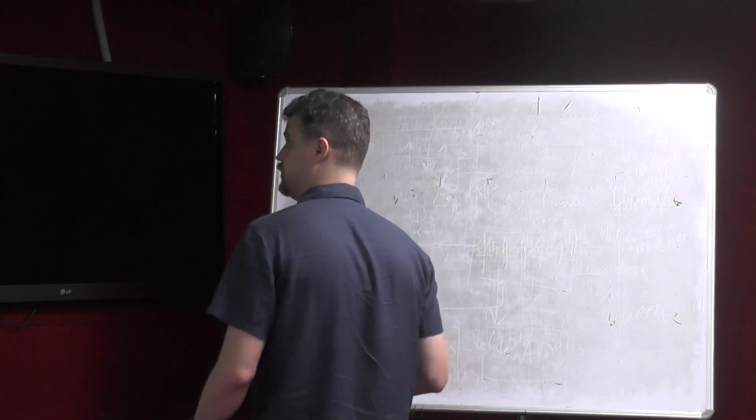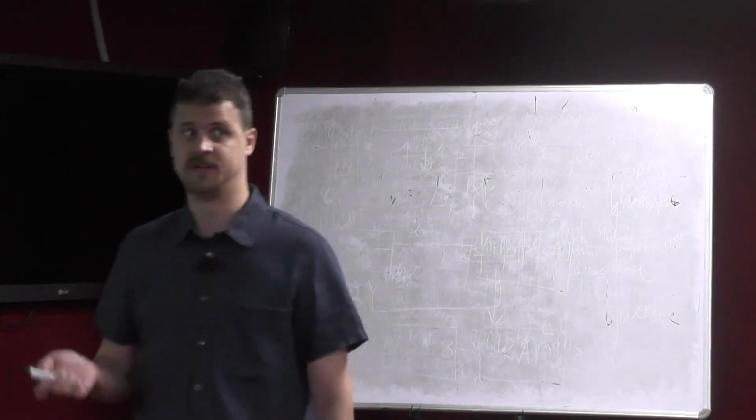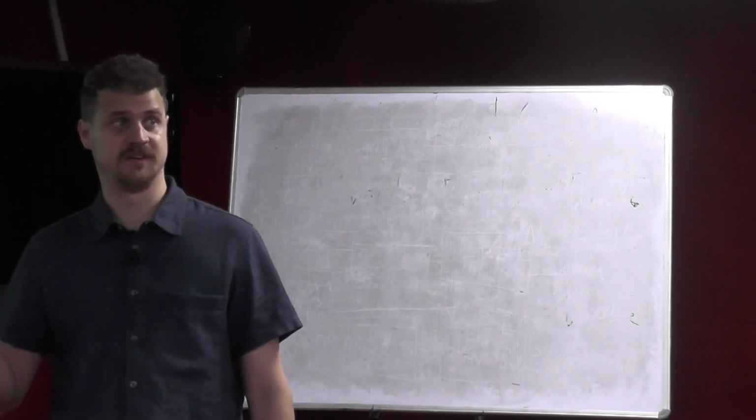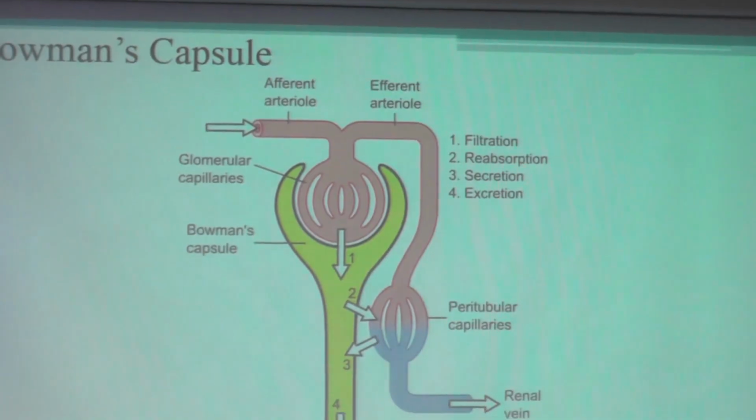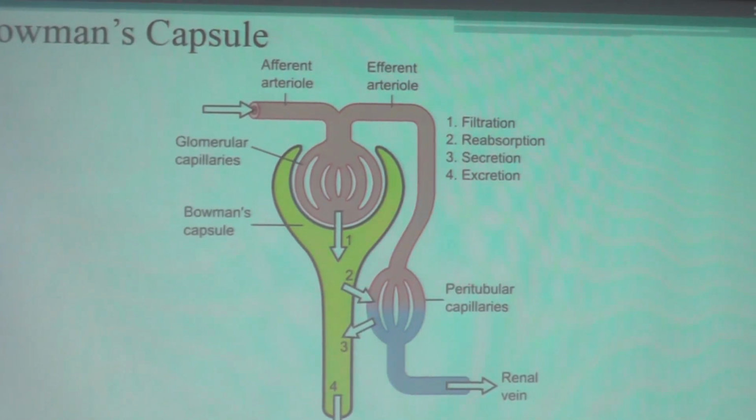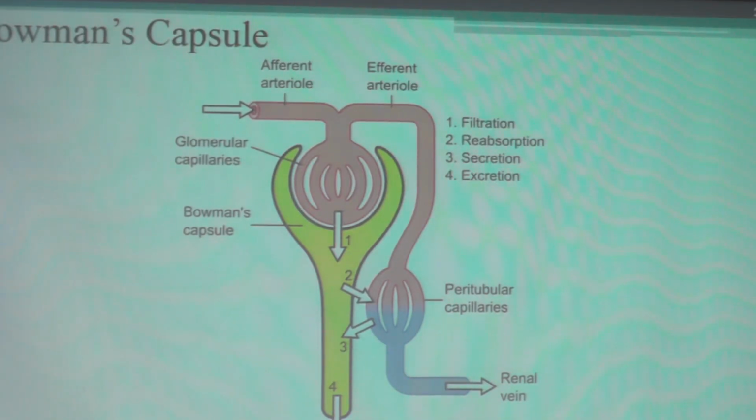So in terms of the Bowman capsule, it's of course a very complicated structure that has a lot of different cell types like the podocytes and other types of cells that allow it to perform the initial primary urine formation in the Bowman space.